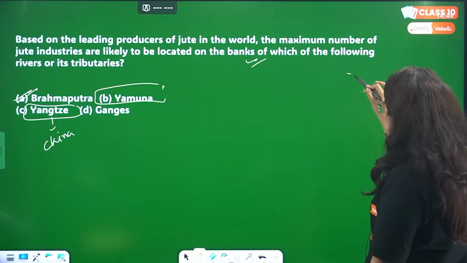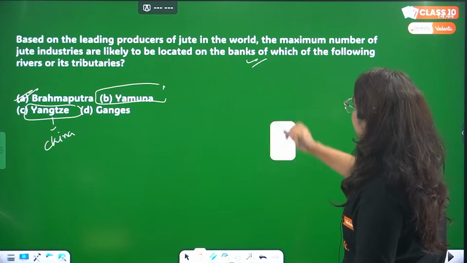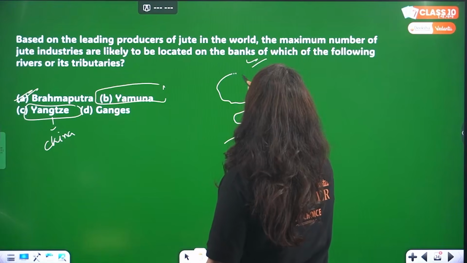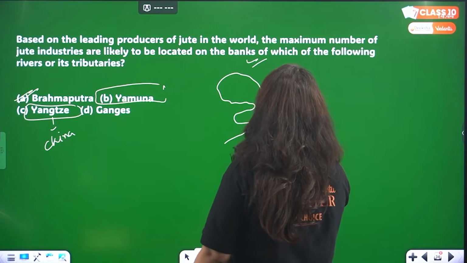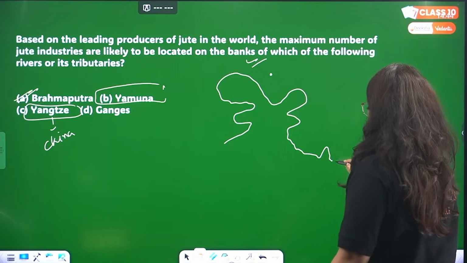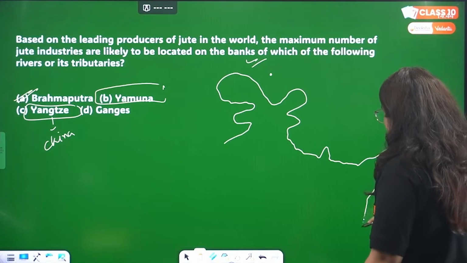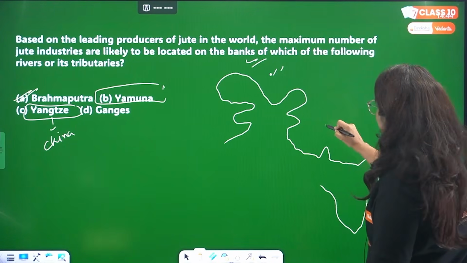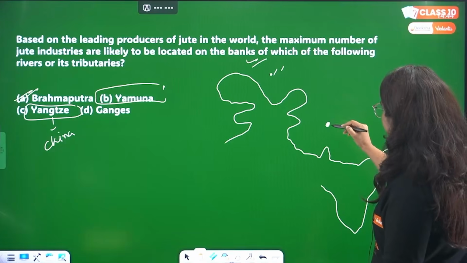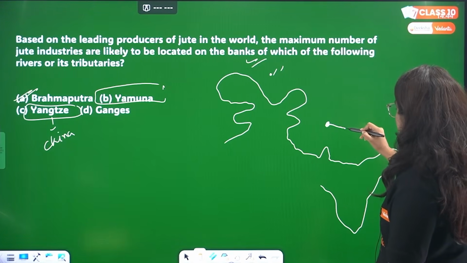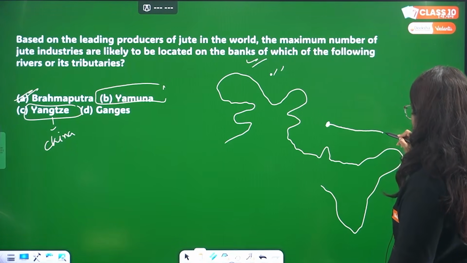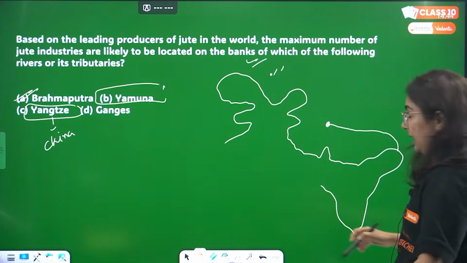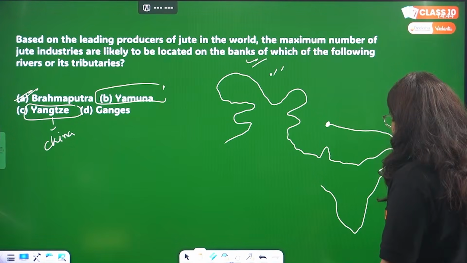Brahmaputra rises from Tibet. I'll just draw and make this clear to you. Consider this a rough map. Somewhere from here the Brahmaputra rises, starts moving parallel to the Himalayas, then with the help of a deep gorge, that means a twist in the Himalayas, it enters the northeastern region.